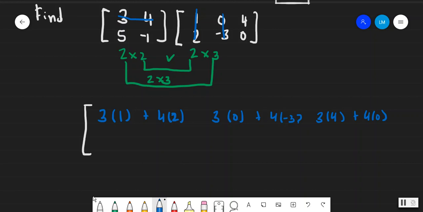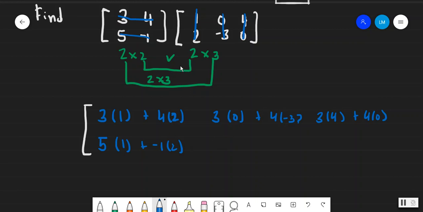But basically, I have to repeat that process all over again as it relates to the next bottom entries. So we're going to take 5 and multiply this by the first column. So we have 5 times 1 plus -1 times 2.